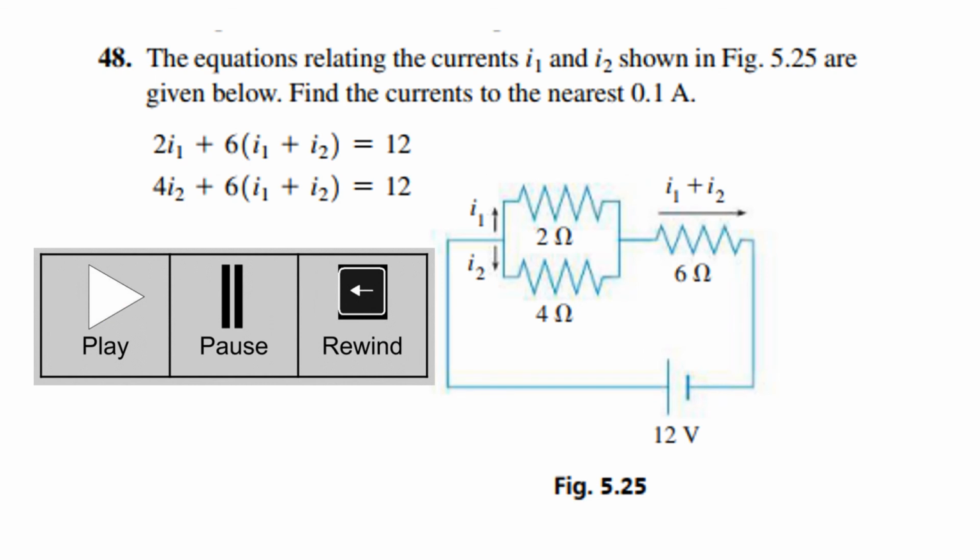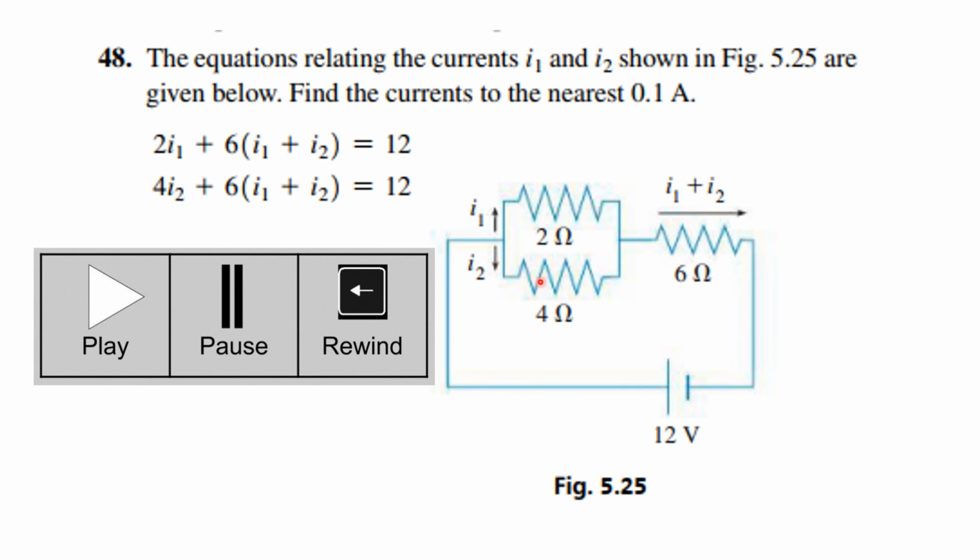The last problem also applies to electrical technologies, electronics technologies, and it is derived from using Ohm's law and also Kirchhoff's law. You can come up with this set of equations, and these are the currents I1 and I2 that are going through this circuit.